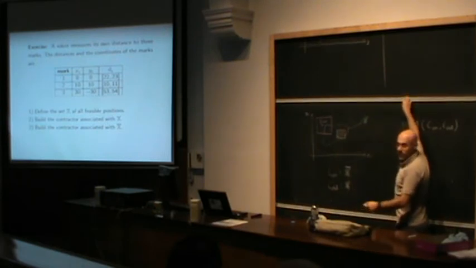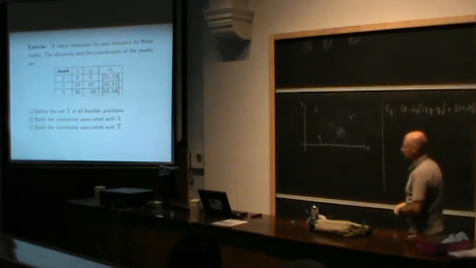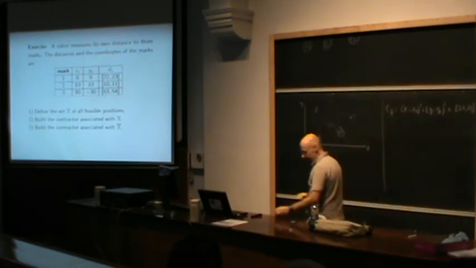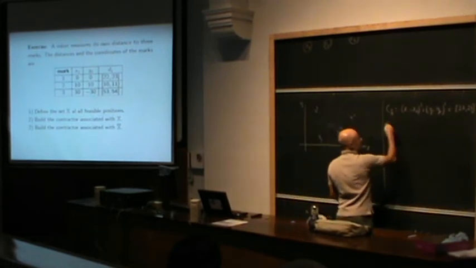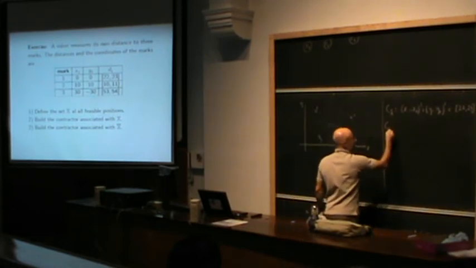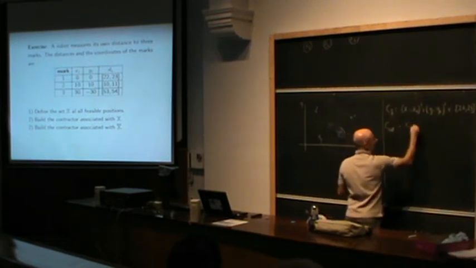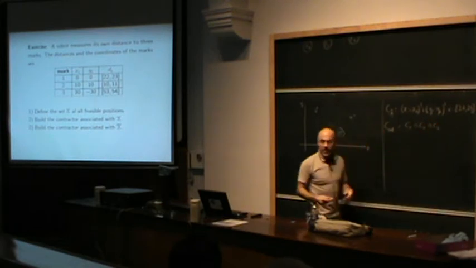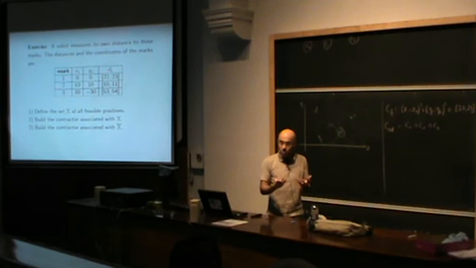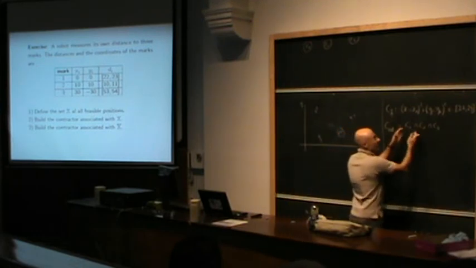Okay, now let me come back to my problem. I will take the outer contractor, which will be equal to C1 intersected with C2 intersected with C3. I recall that I am able to intersect contractors using some kind of contractor algebra.